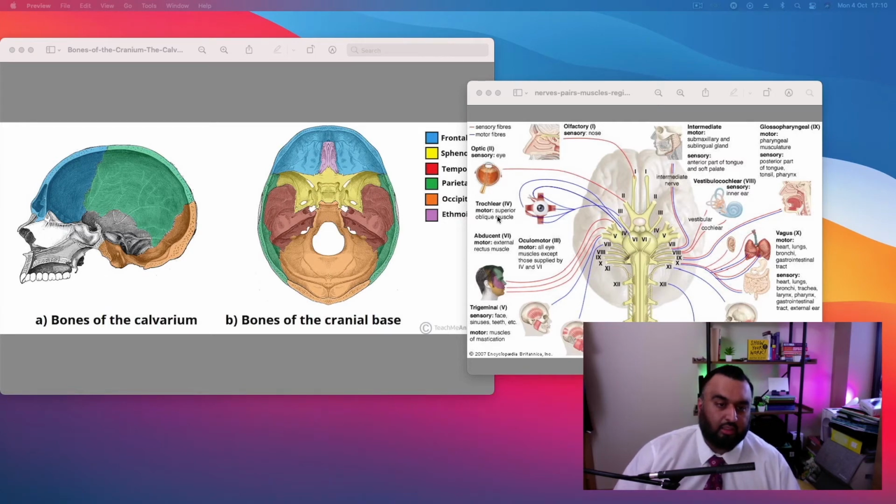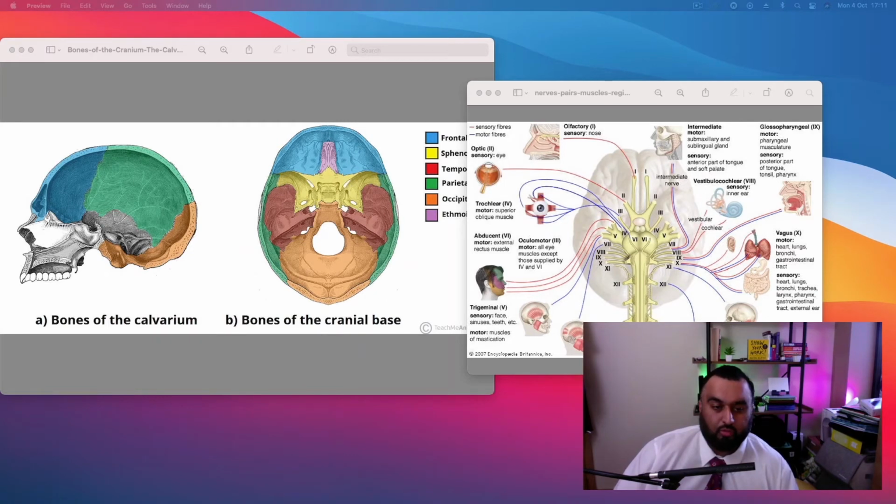And the trochlear nerve is responsible for only innervating one structure, which is the superior oblique muscle of the eyeball. It assists in depressing the eyeball, and abducting, meaning pulling the eyeball away from the midline. Again, this cranial nerve passes through the superior orbital fissure.